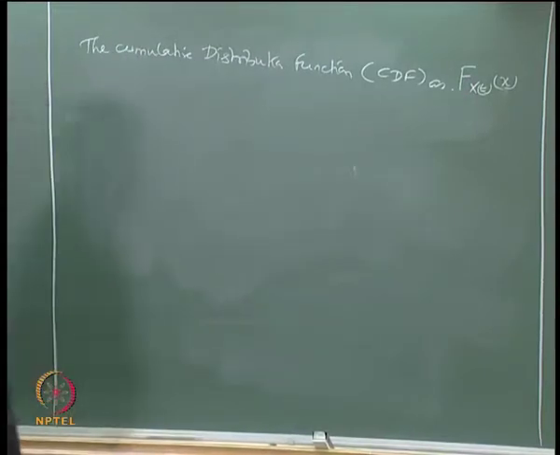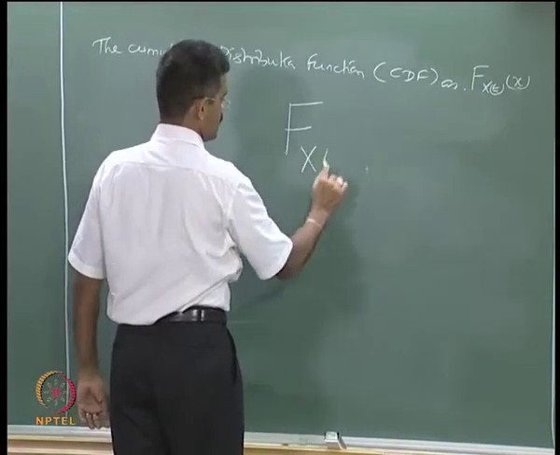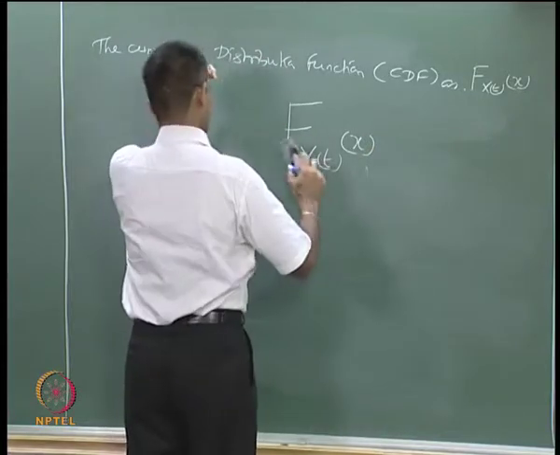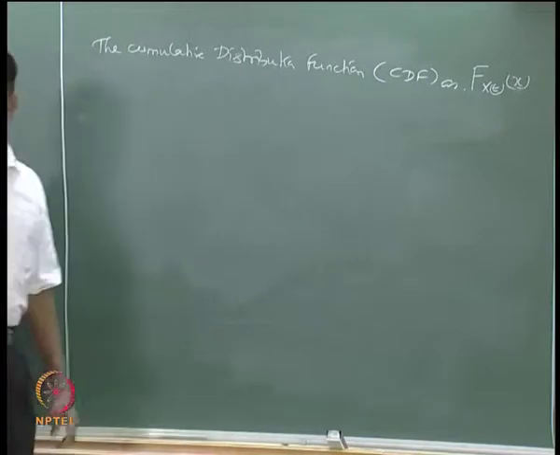Write it carefully, I am rewriting it again. This is f of x t of x. This is the cumulative distribution function, called CDF, in the random process.